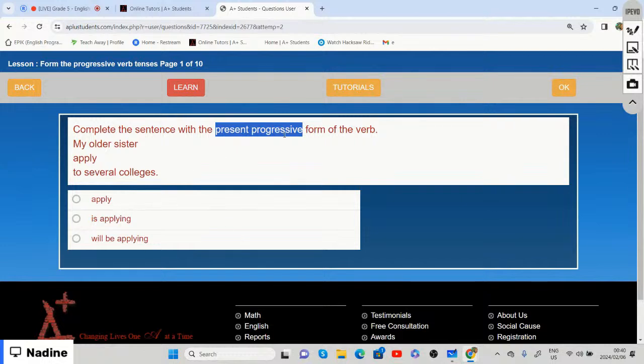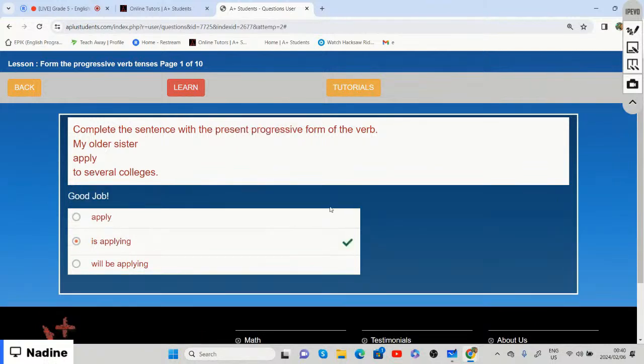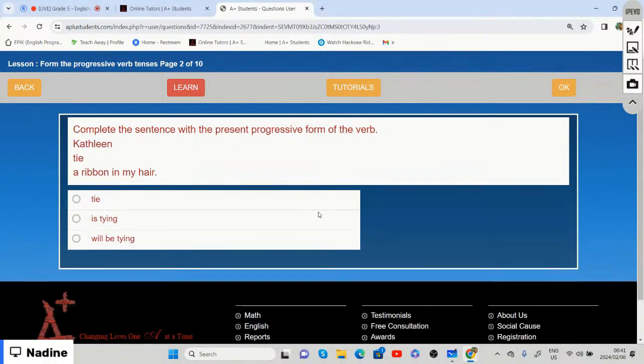All right, and in the present progressive form, we will say is applying. Well done. Yes, is applying is correct.